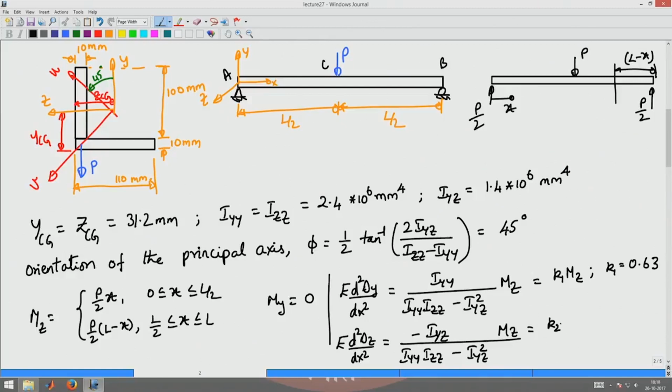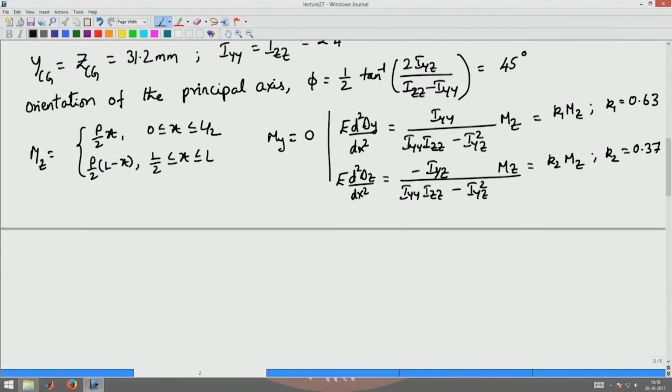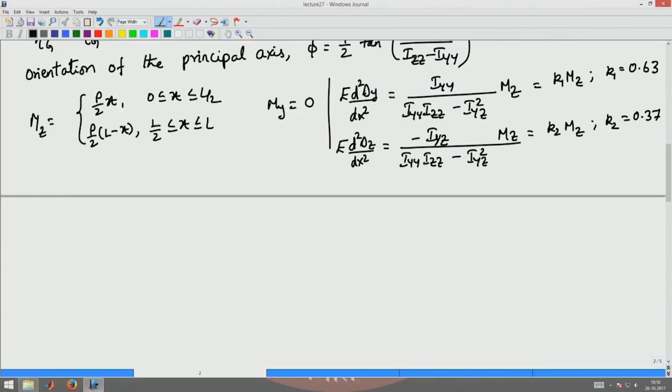This I will write as k2 times Mz, where k2 is 0.37 for our cross section. Now proceeding further, we got d square delta y and d square delta z by dx square. So we want to find the deflection and the stresses.